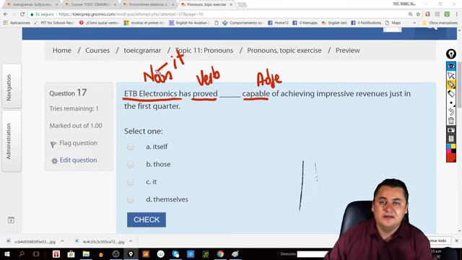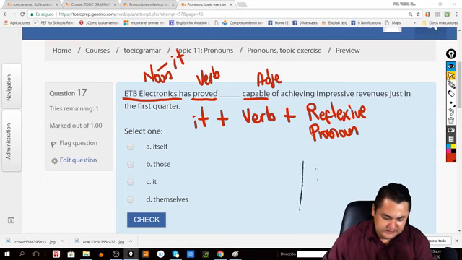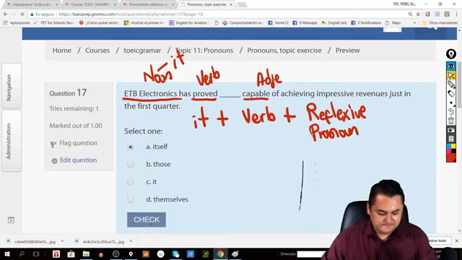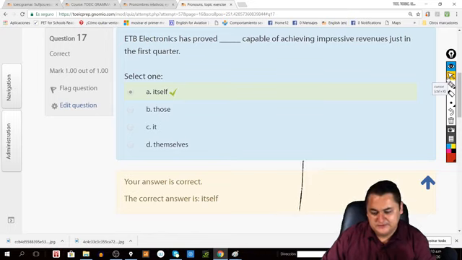That's a company that can be changed by it. So I have it plus verb. So I can have a reflexive pronoun, and that would be itself. ETB Electronics has proved itself capable of achieving impressive revenues just in the first quarter.